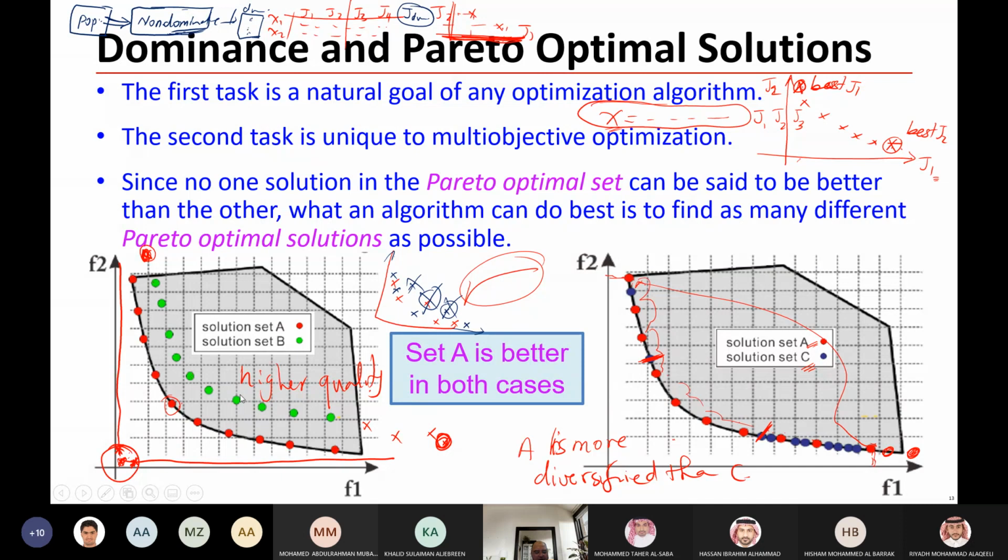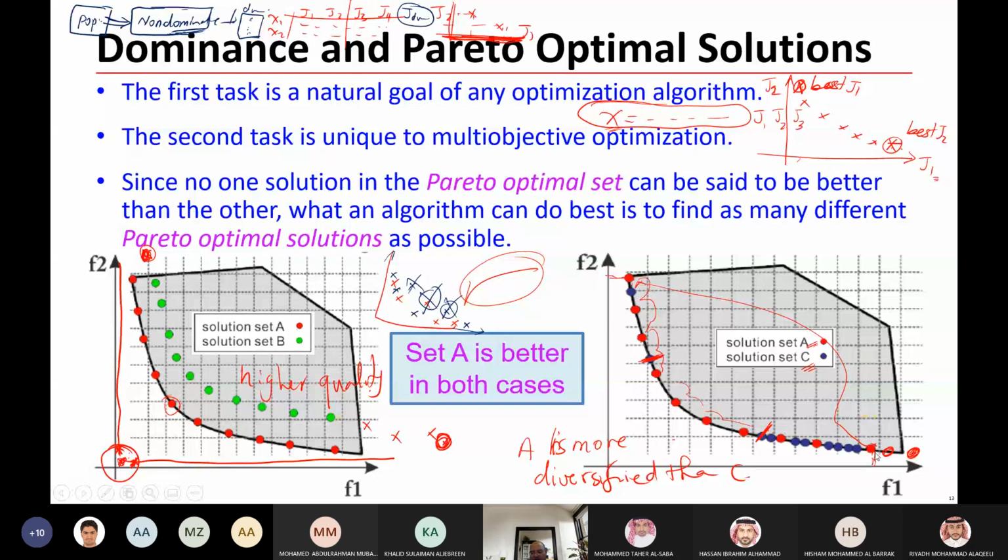As you can see here, for this example, we have set A and set B. Set A, which is the red color here, is better than set B in terms of quality of the solutions. These solutions are non-dominated. These are dominated solutions, so set A is better.